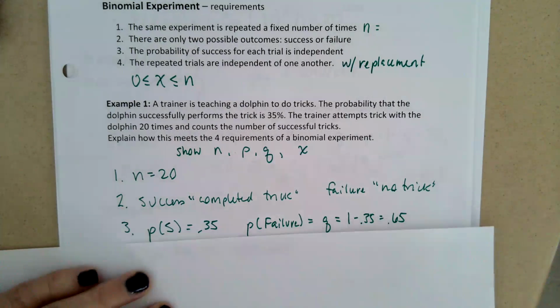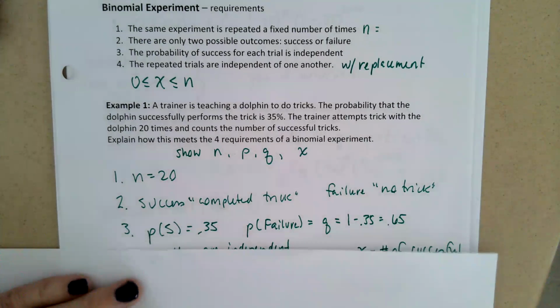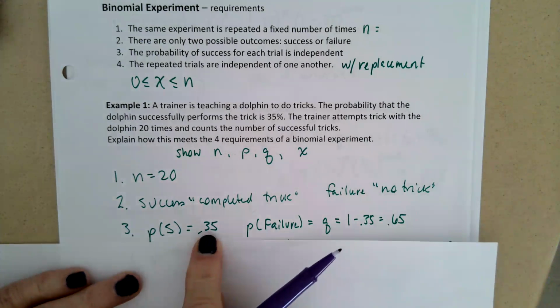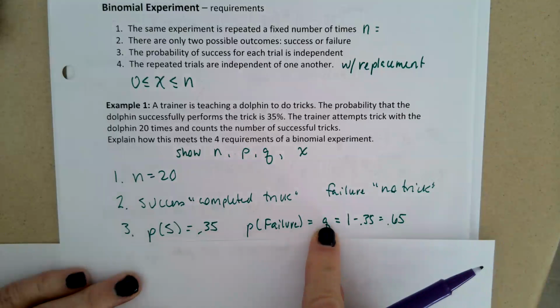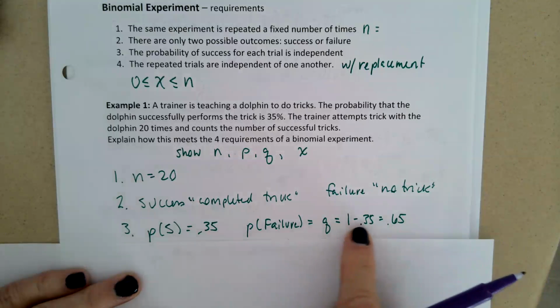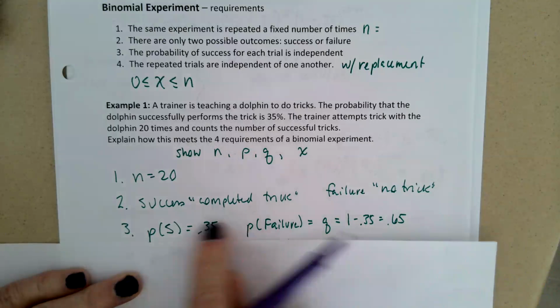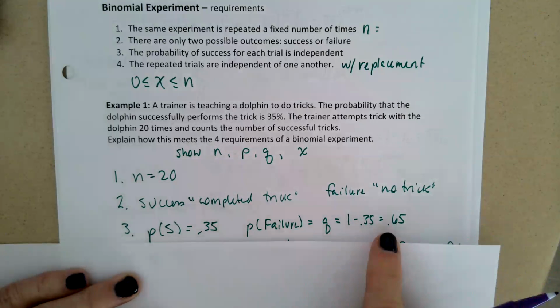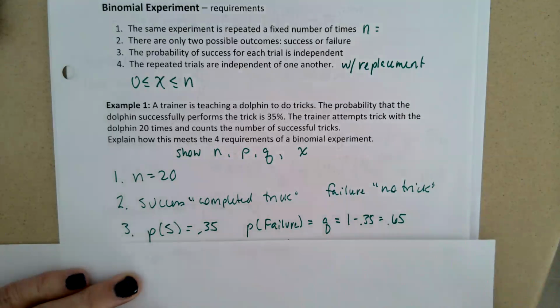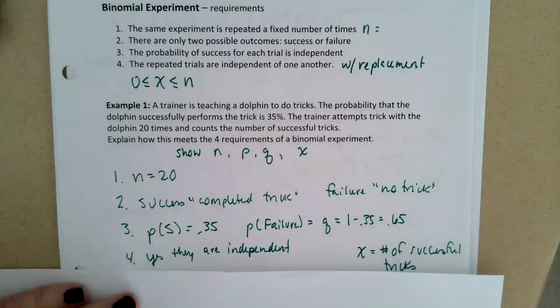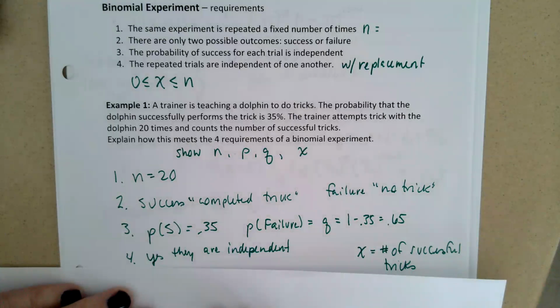Number 3 is the probability of success is 35%, and the probability of failure, we also call that Q, is 1 minus 0.35 because they are complements, success and failure. They add to 1, which is 0.65. And yes, each time they attempt the trick, it's independent.